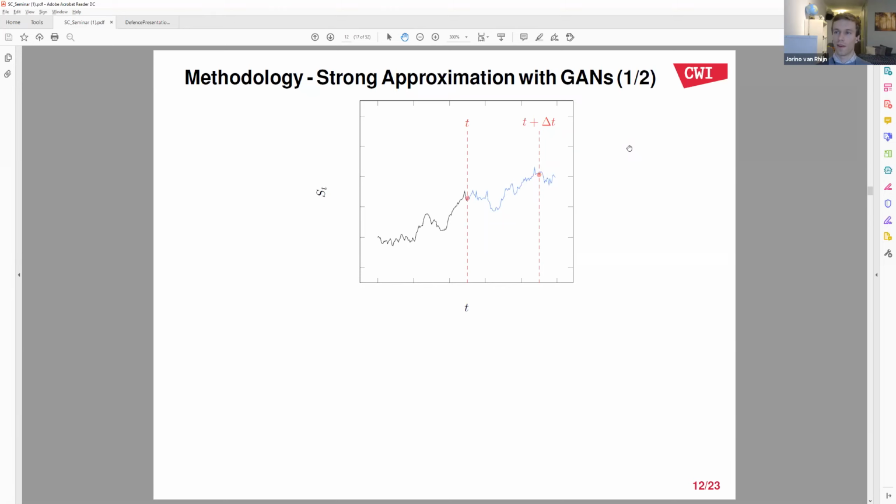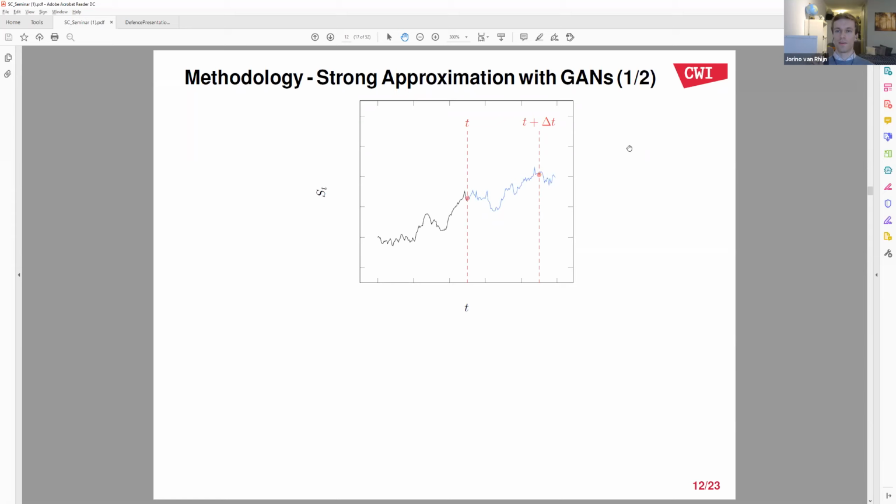So actually, there was a hint of this, I think, last week in Boris's presentation as well. If you look at this figure again, last week I think we discussed some types of option contracts, where normally you would be interested not just in the asset process itself, but in some function of the asset process.